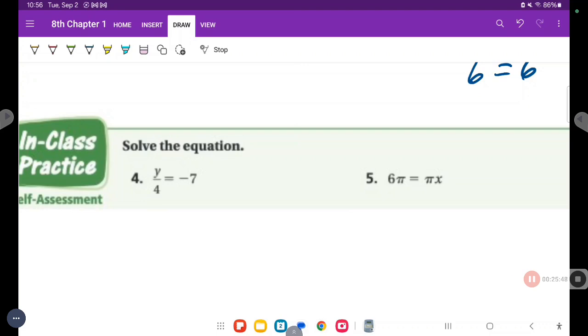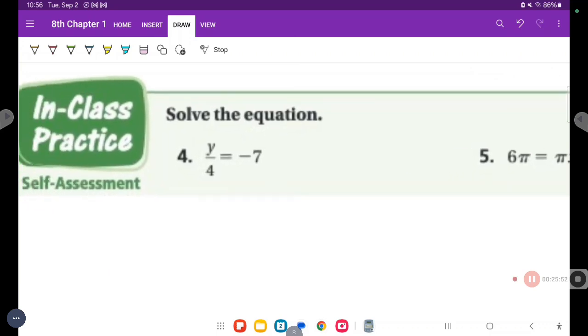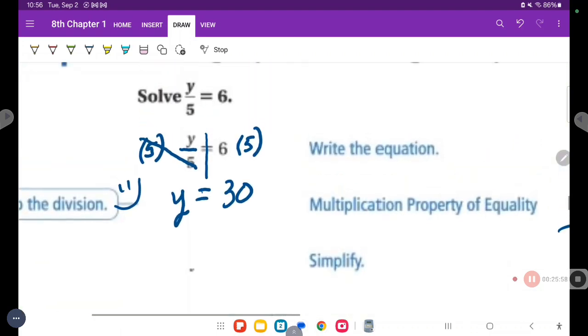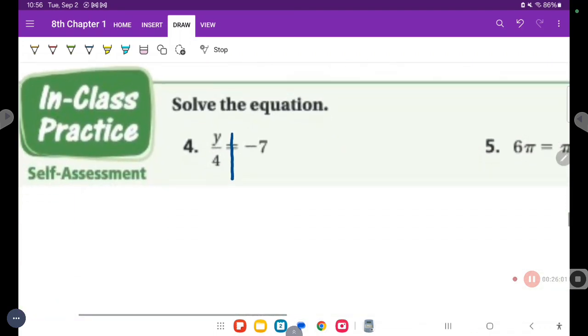So, let's look at number 4. So again, draw you a line. So on the left side over here, this is y divided by 4.